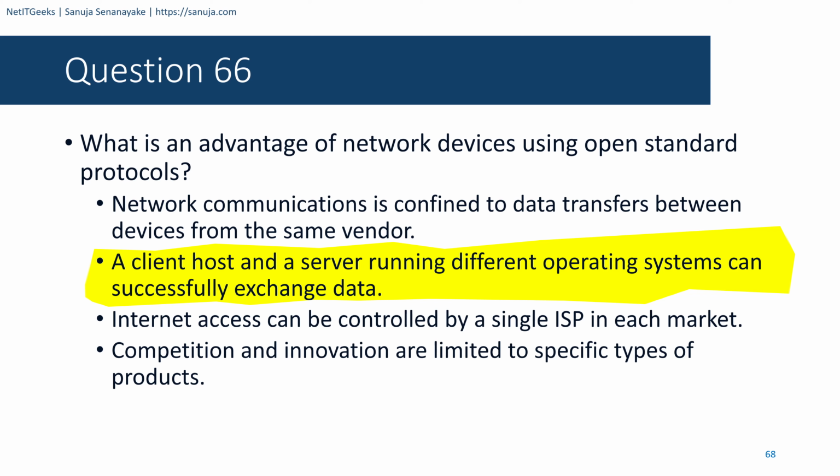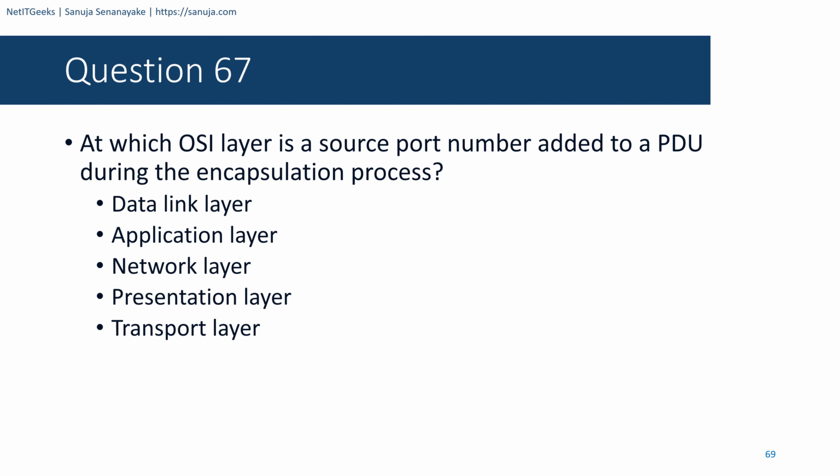A Microsoft Windows server can communicate with a Linux or a Mac OS end client, no problem, right? So a client and a server running different operating systems can successfully exchange data because we are using the open standard protocols.